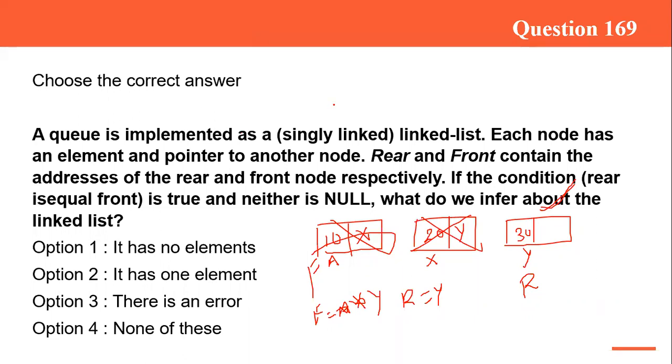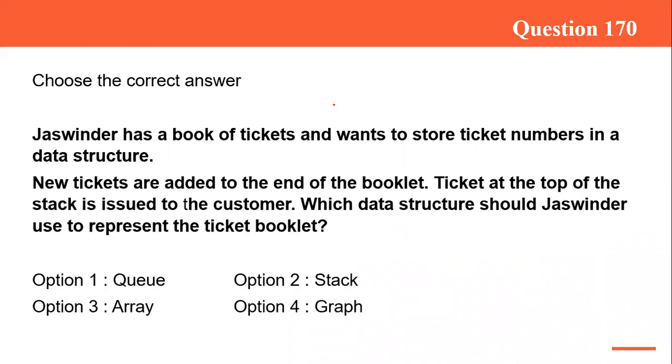Okay, cool, great. Going to the next one, try to answer this. In this case, it has one element. Okay, the answer is it has one element. Next, try this one. Read it carefully. Try to understand the situation properly. It's a real-time scenario question.